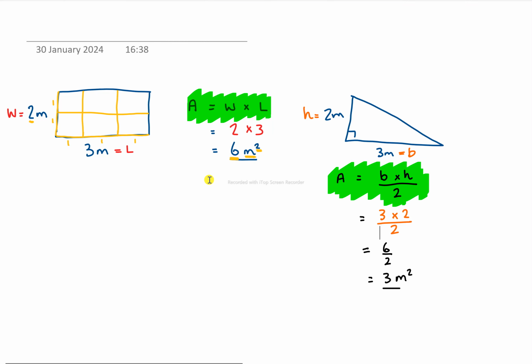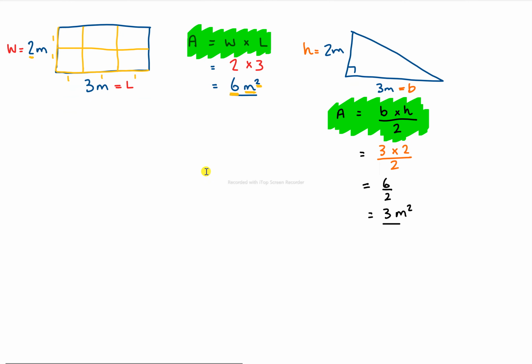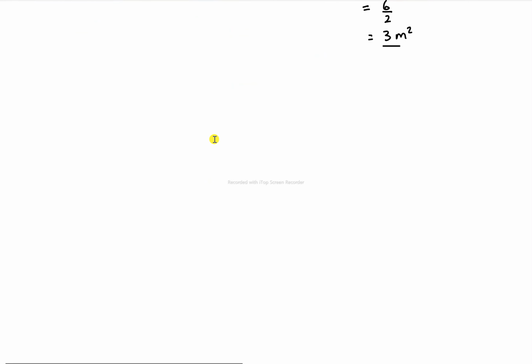Right. I'm going to do one more thing with this. What we're going to do is work out the area of a trapezium. Remember what we said a trapezium is.